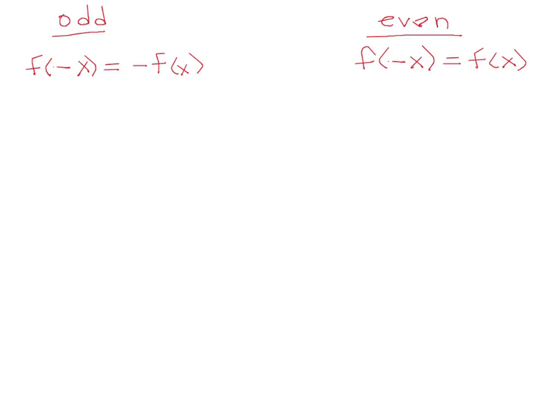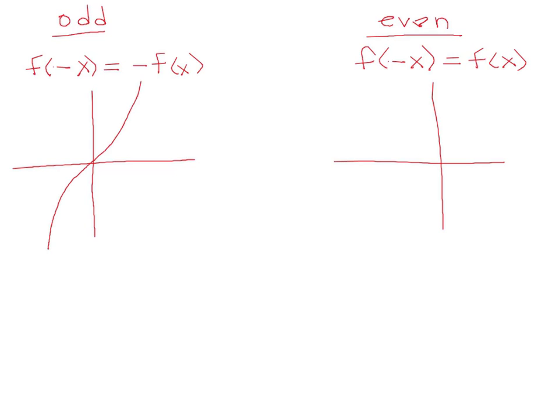And we also knew when we had odd functions, such as x cubed, it's symmetric about what? Good. X cubed is symmetric about the origin, so odd functions are symmetric around the origin.